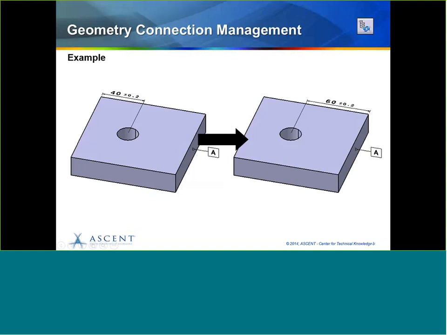But the datum is actually added to this right-hand surface. So the dimension should actually be off of that datum. So we can use the geometry connection management tool to, without going in and changing the whole feature, actually go in and just change the way in which this annotation is displayed.